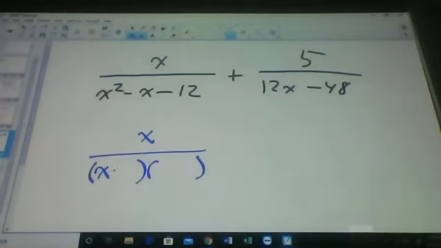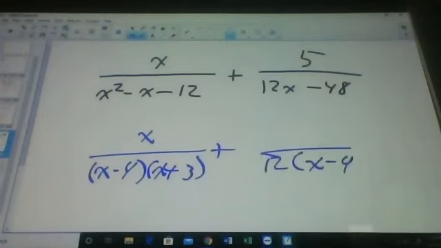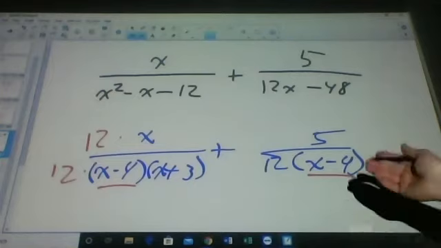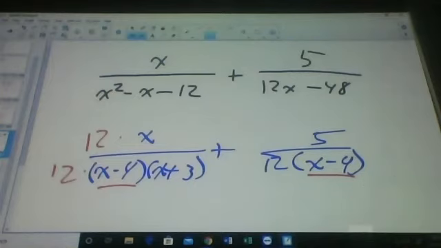This is going to be x minus 4 and x plus 3. And this I can factor out of 12, x minus 4. So with the last problem in mind, notice they both have this x minus 4. That's good. Does this one on the left have a 12? No, it doesn't. Does the one on the right have an x plus 3? No, it doesn't.